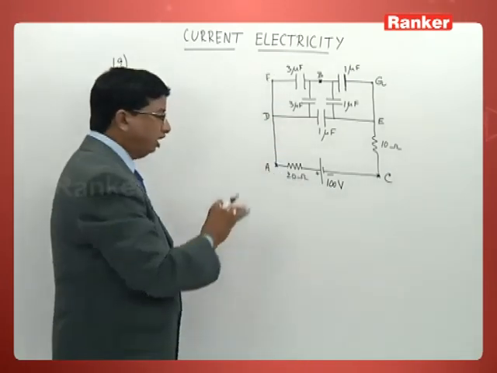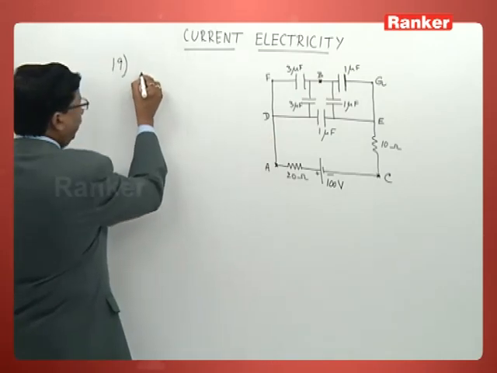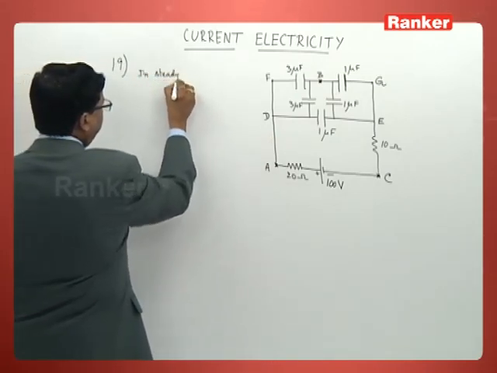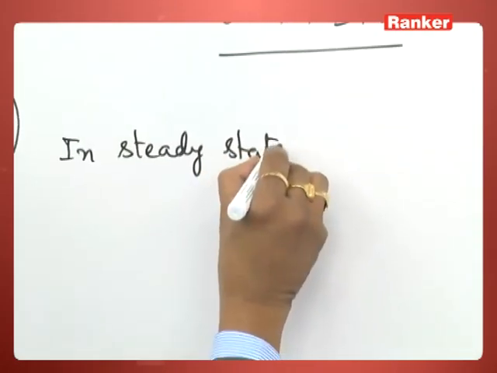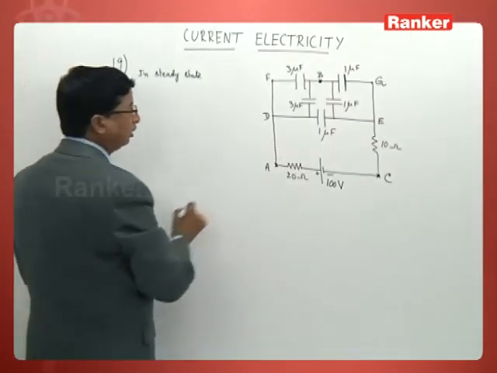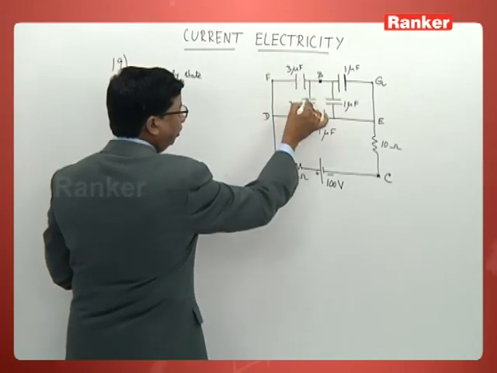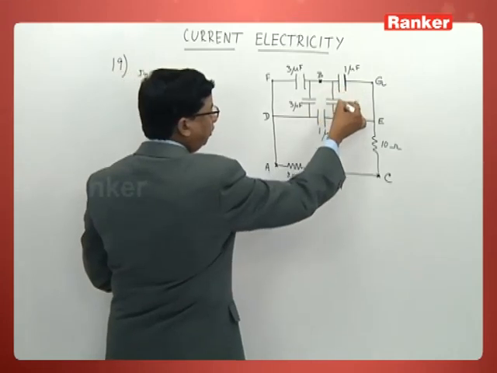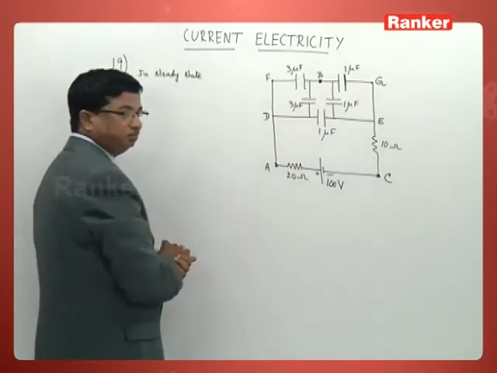So what is the condition for steady state we have to take? In steady state, what you can understand? These 2 are going to be in parallel. These 2 are going to be in parallel.